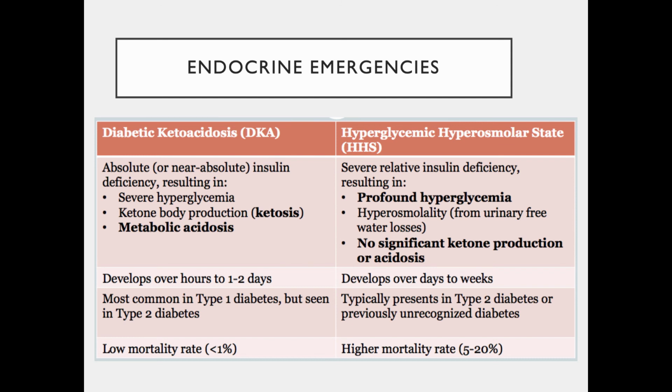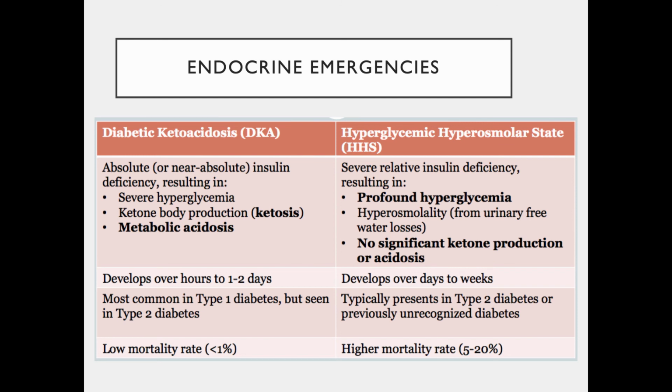HHS, I still try to use the old terminology HHNK, but we have changed that to HHS, hyperglycemic hyperosmolar state. This tends to happen, I should say, in type 2 diabetics, those who produce insulin but are insulin resistant.